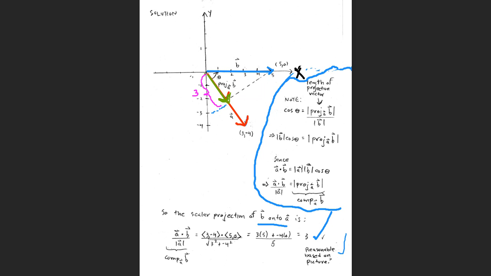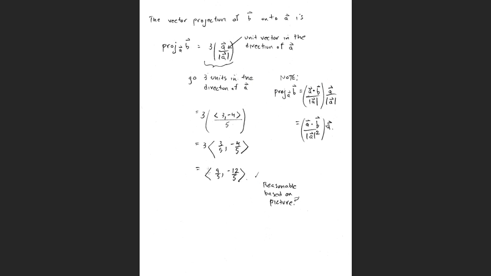So, okay, now what we want to do is find out what the projection vector is. Well, the projection vector goes in the direction of the vector A. So all we need to do is take this value, this scalar projection of 3, and multiply it by a unit vector in the direction of A. And that's what we have on the next page.